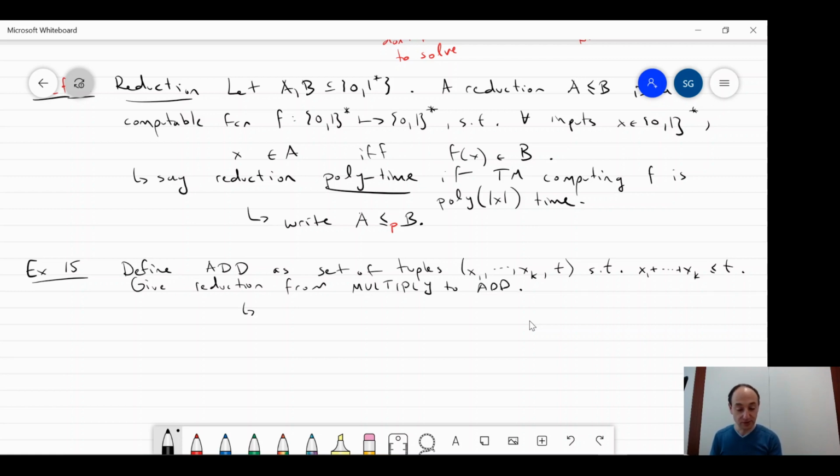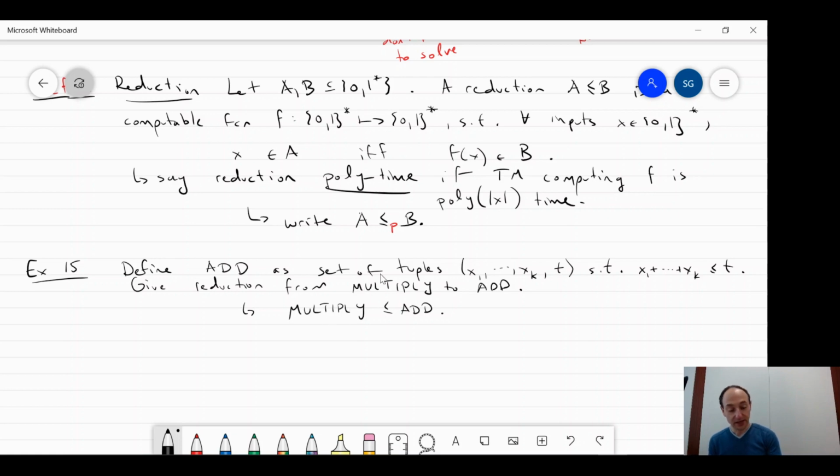So I want you to show me that multiply reduces to add. And of course, I want you to do it in this formal framework. What is the output tuple you'd get from multiply, for example, to answer this question, so that x is in A, so that this tuple is in add, if and only if the tuple you come up with is in multiply?